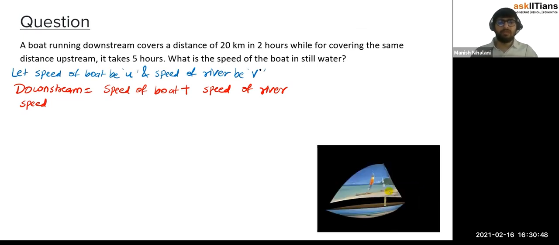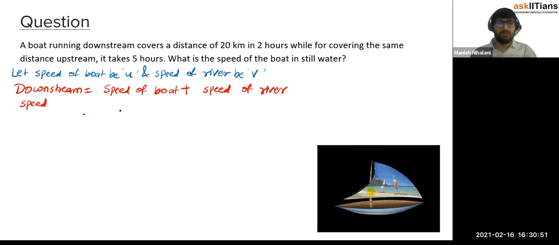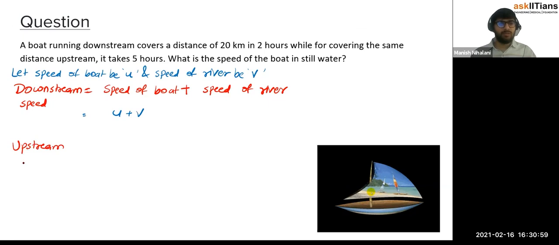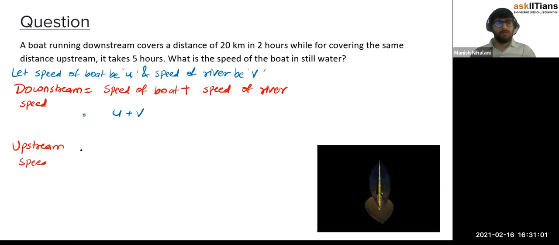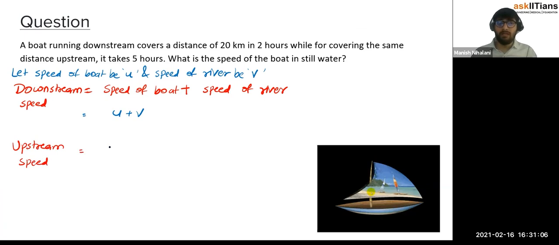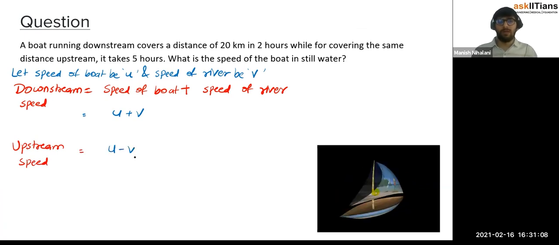So when you say downstream speed is u plus v, whereas upstream speed, in this case, would be subtracted, as I was saying, because you're moving against the river, so that would be u minus v.